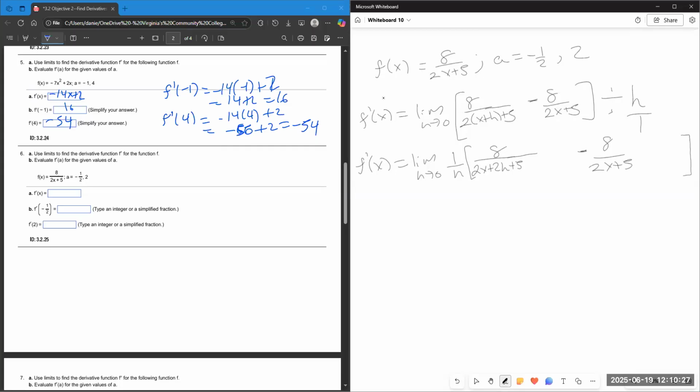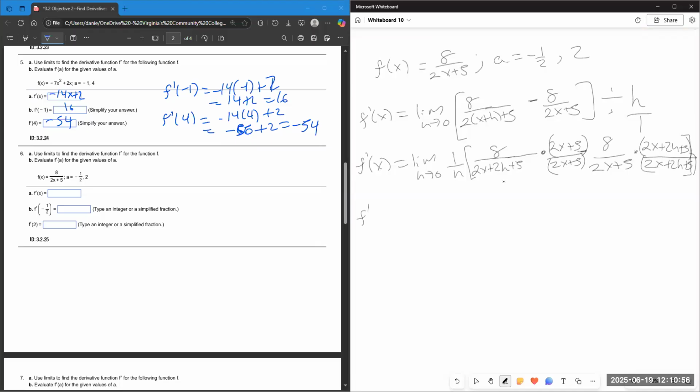We'll multiply here by 2x plus 5 over 2x plus 5. And here I'm going to multiply by 2x plus 2h plus 5 over 2x plus 2h plus 5 to make a common denominator. And I kind of covered up that minus sign, but it's still there.